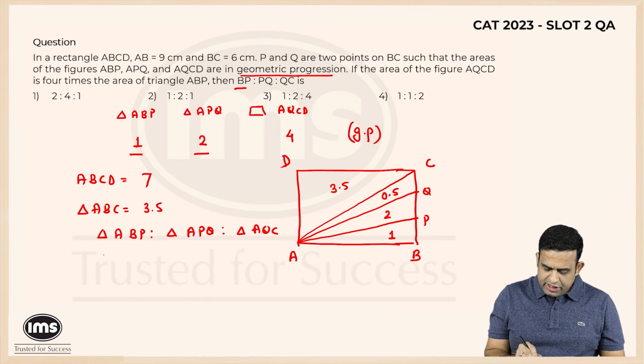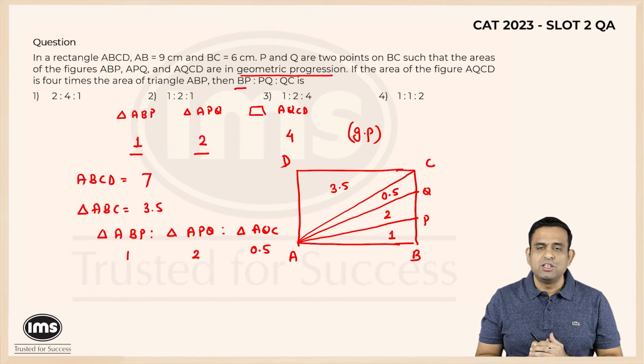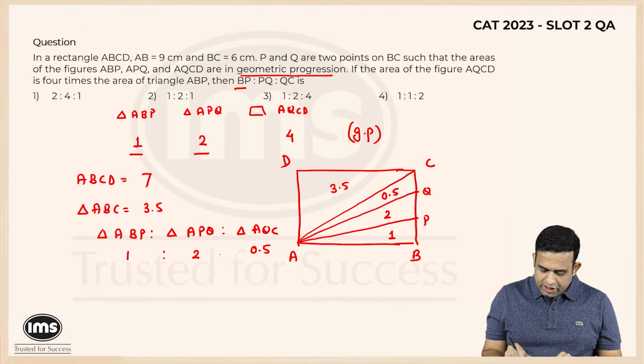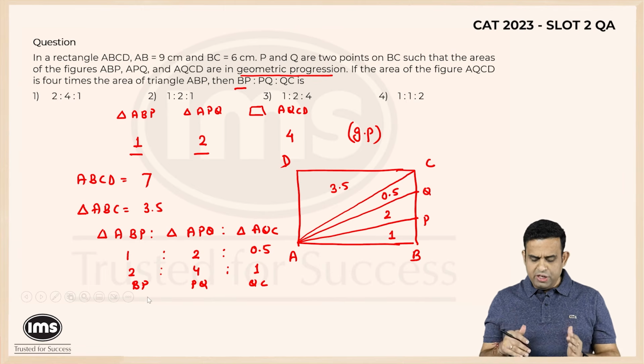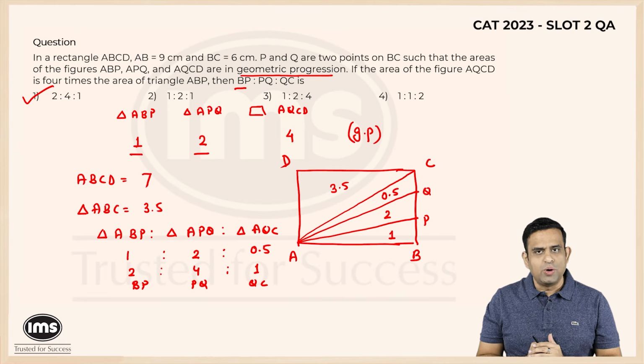So the ratio of the areas for ABP, APQ, and AQC is 1 is to 2 is to 0.5, and this ratio of the areas has to be in the ratio of their bases as the height is the same. Please note the area of a triangle is equal to half of base into height. So the ratio of 1 is to 2 is to 0.5, which I can simplify as 2 is to 4 is to 1, is also going to be the ratio of the bases, which are BP, PQ, and QC. So my ratio of BP, PQ, and QC will be 2 is to 4 is to 1, and hence one can choose to mark option number 1 as the answer.